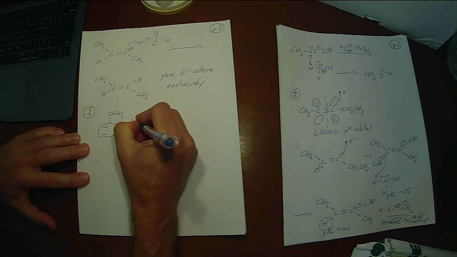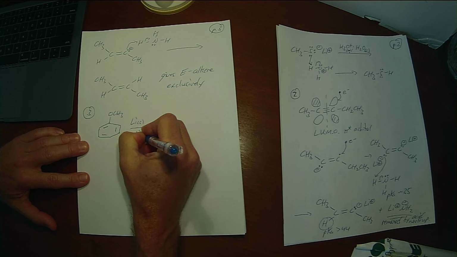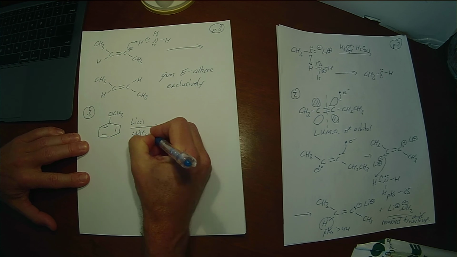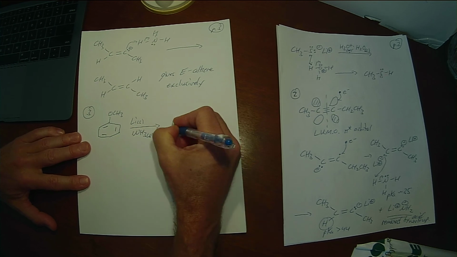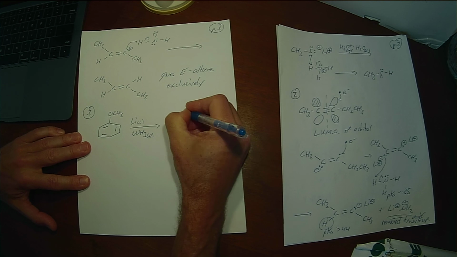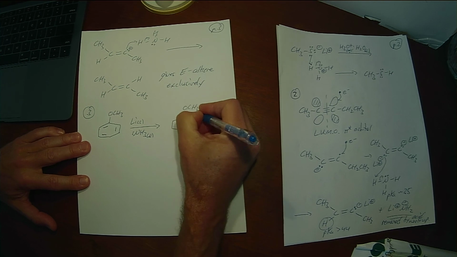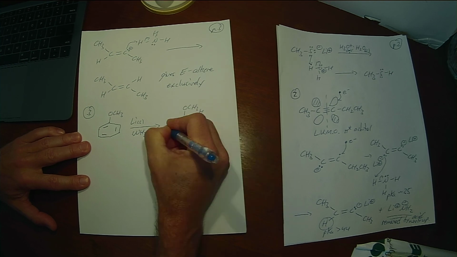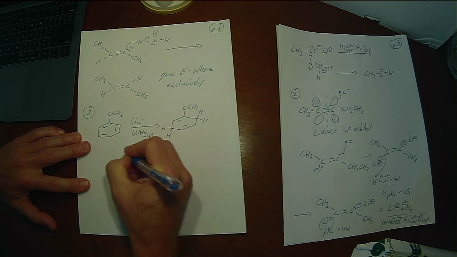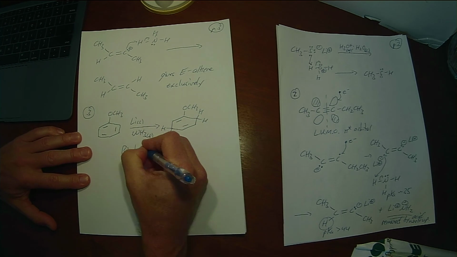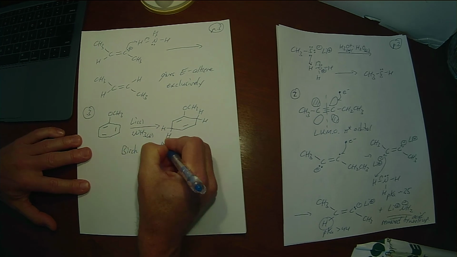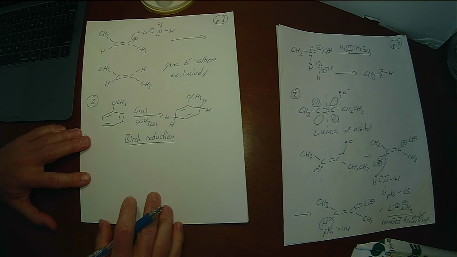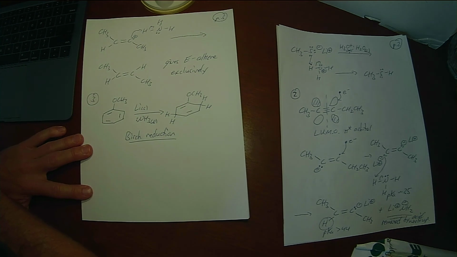But the dissolving metal reduction will actually reduce that and give you a diene, and this is called the Birch reduction. And I'm not sure that the Birch reduction is something that I covered in the videos for this chapter.